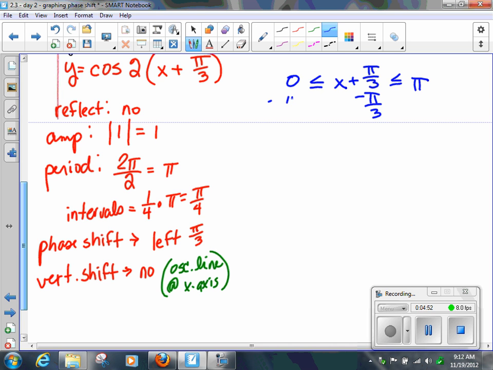What's this helping us do? This is going to help us find our second, third, and fifth points. It's going to move to the left pi over 3, which is what we had anticipated already. It's going to run from negative pi over 3 to, what's pi minus pi over 3? What's 3/3 minus 1/3? 2 pi over 3, right?